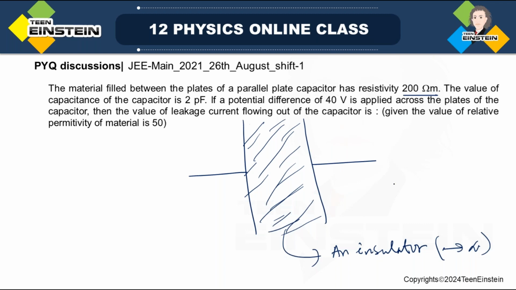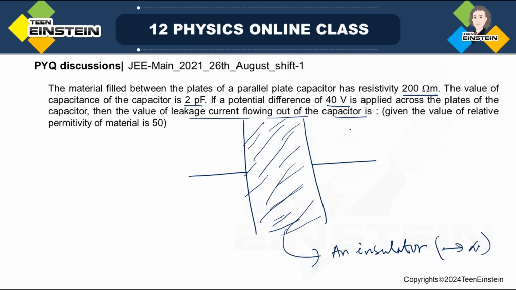That means this will be conducting whenever there is a potential difference across it. Now the value of the capacitance is given, 2 picofarad. 40 volt is applied across the plates of the capacitor. Then what is the leakage current flowing out of the capacitor?